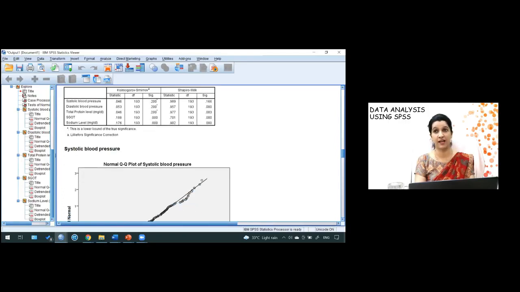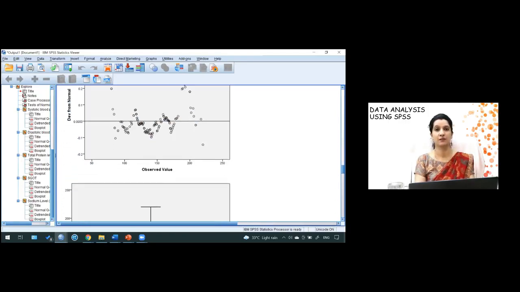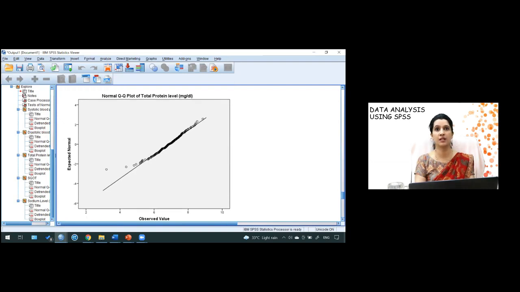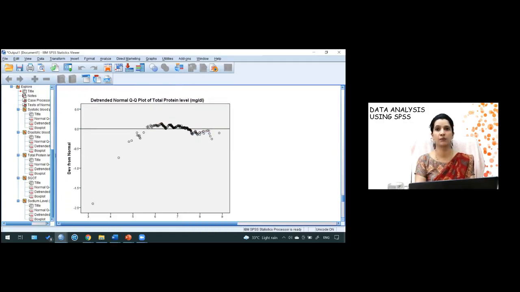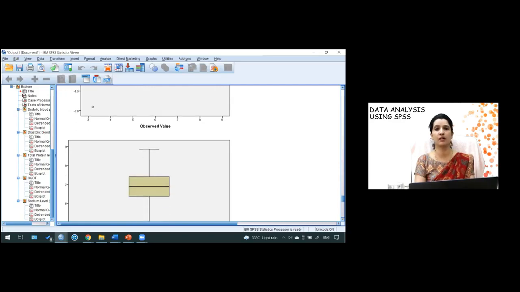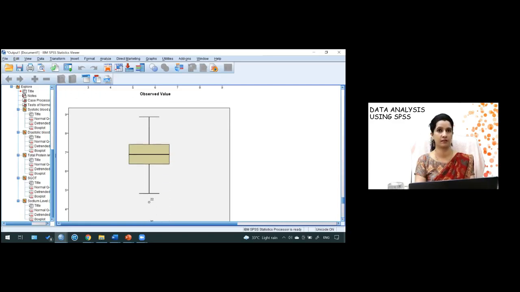Yes. But if you see the visual inspection, this total protein is normally distributed, with only one or a few values off. Again, you go down, and you can see the outliers also.